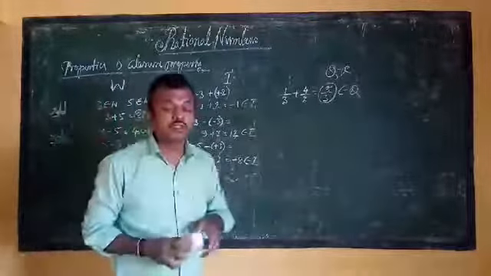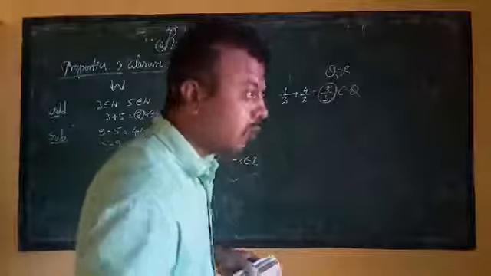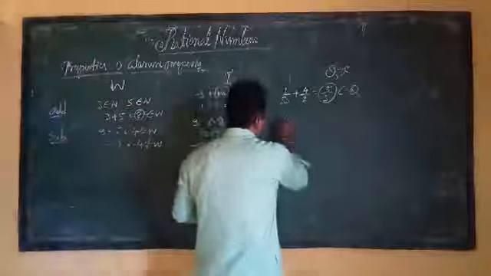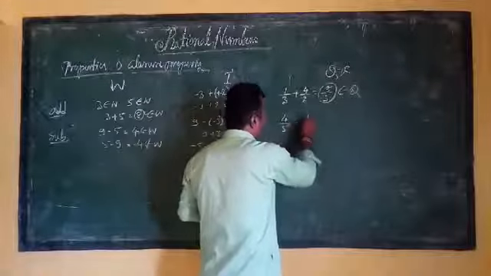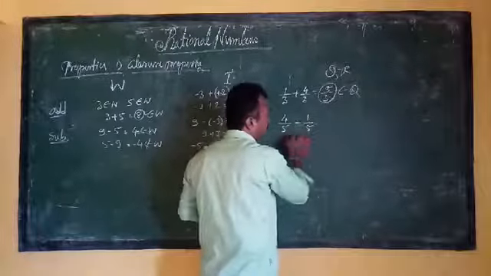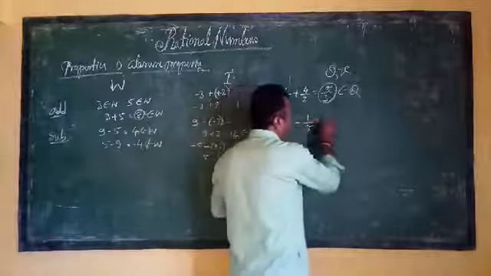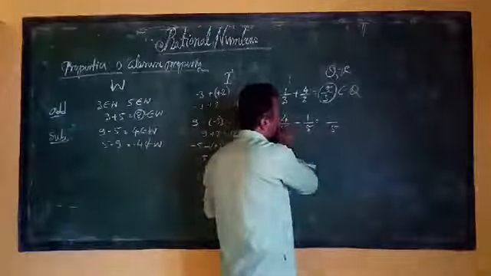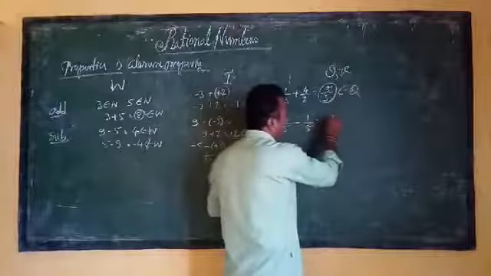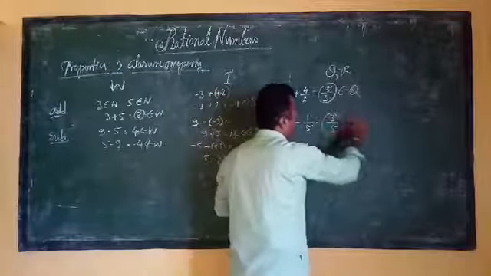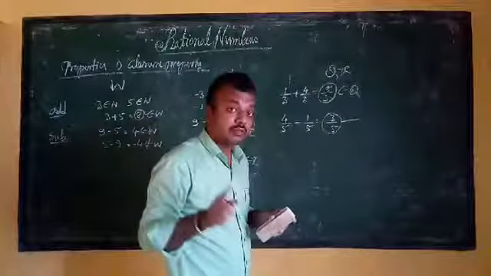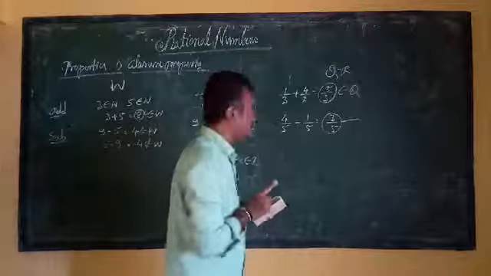In rational numbers, we can take any two rational numbers. See, 4 by 5 minus 1 by 5. These two are rational numbers. I will subtract. The denominators are the same, subtract the numerators. 4 minus 1 is 3, so 3 by 5. 3 by 5 is a rational number.